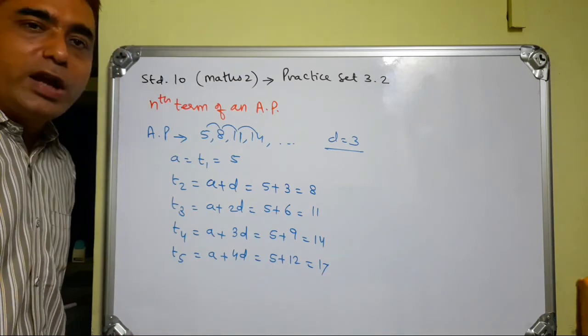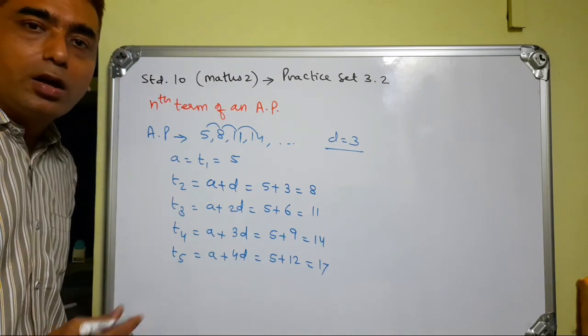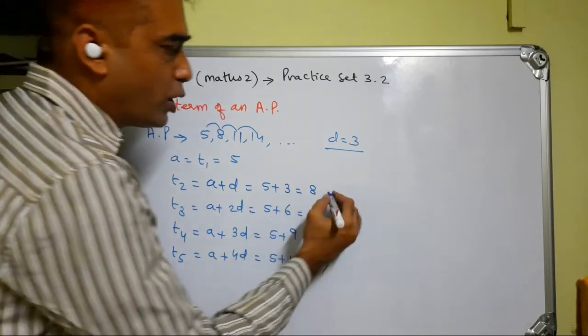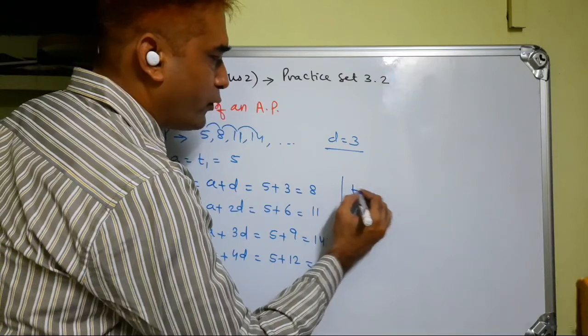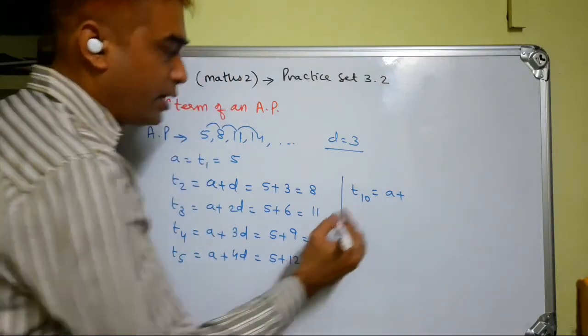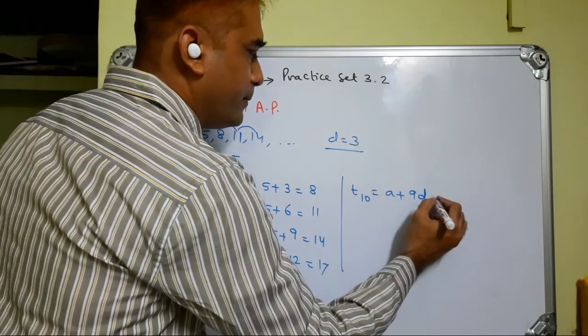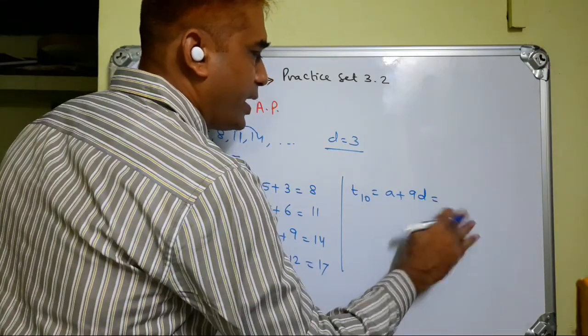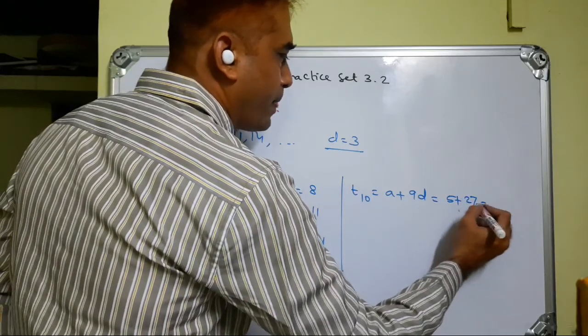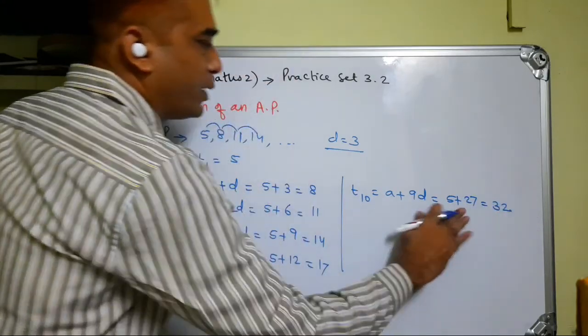Now suppose we have to find the 10th term. How will we find it? We write T10 equals A plus 9D. A is again 5, plus 9 threes are 27, and it will be 32.